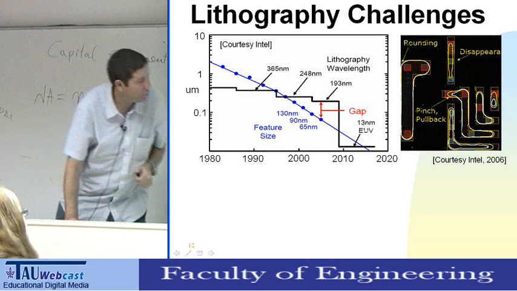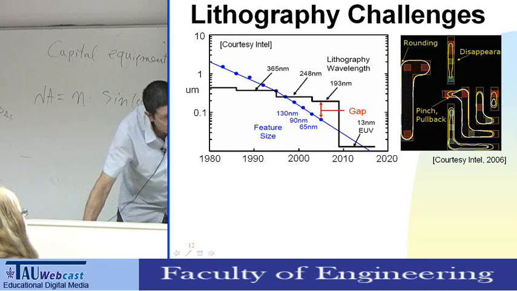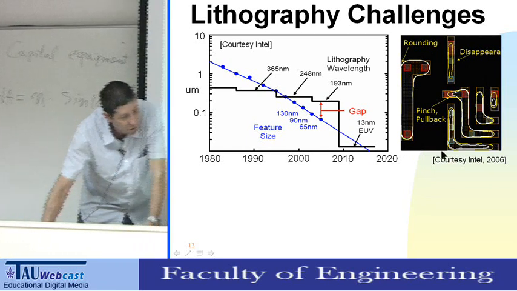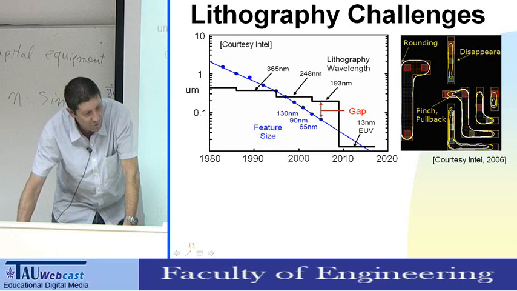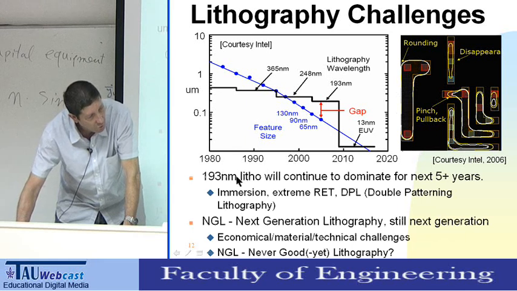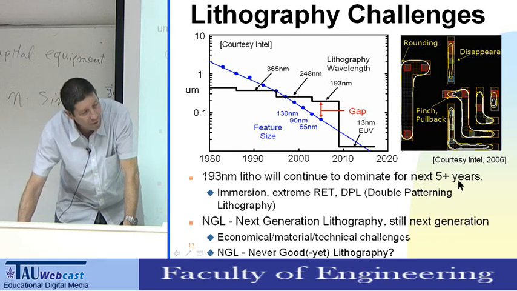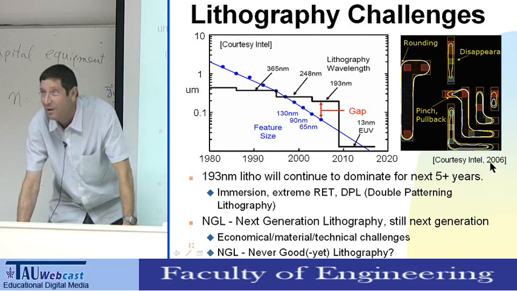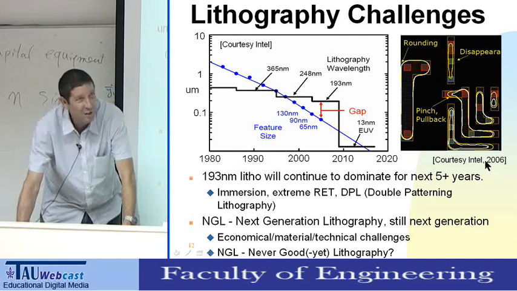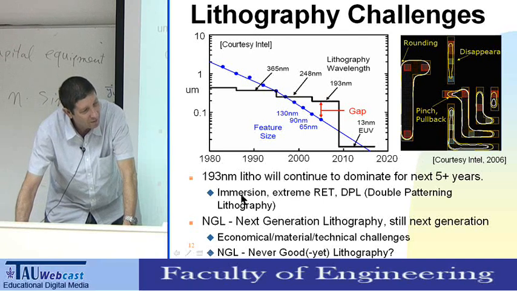And this is just to show you how it looks. This is the actual lithography of some pattern published by Intel in their publication. I think it was one of the conferences in 2006. This is how the actual lithography looks for this specific structure. So 193 litho will continue to dominate the next 5+ years. This was written in 2006, so we still have 1 or 2 more years. But it's actually going well.